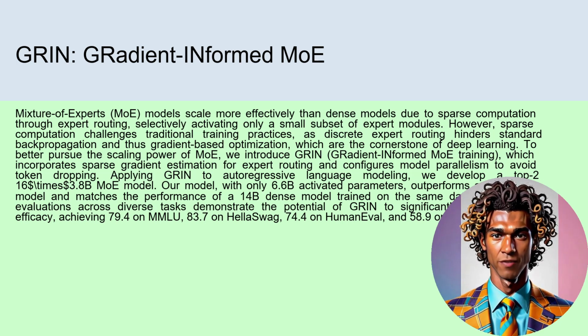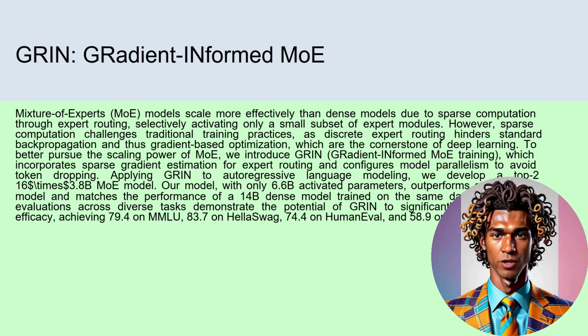However, this selective activation of experts creates hurdles for traditional training methods like backpropagation, as the discrete nature of expert routing disrupts gradient-based optimization. The research proposes GRIN, Gradient-Informed MoE training, which solves this problem by introducing sparse gradient estimation for expert routing.